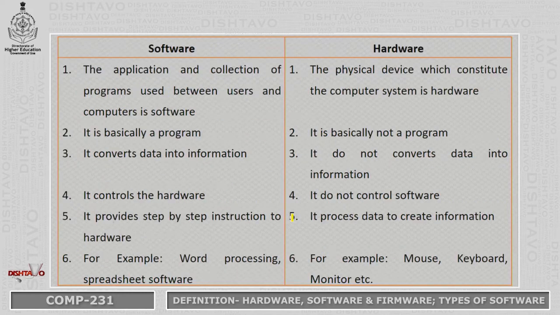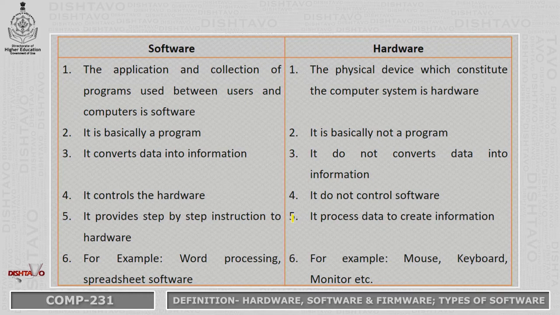Now we compare software and hardware. Software is an application and collection of programs used between users and computers. Hardware is a physical device which constitutes the computer system. Software is basically a program; hardware is not a program.